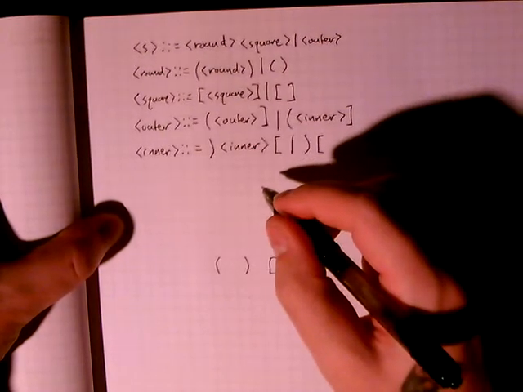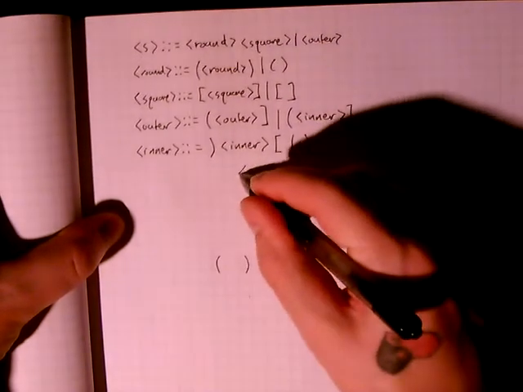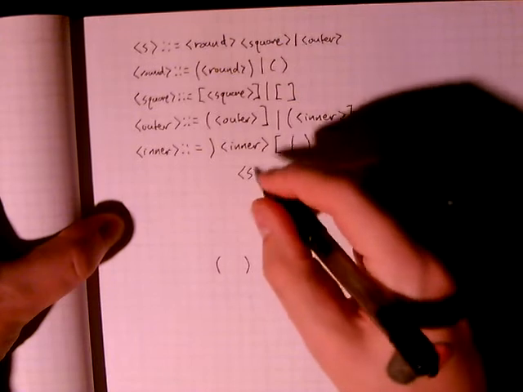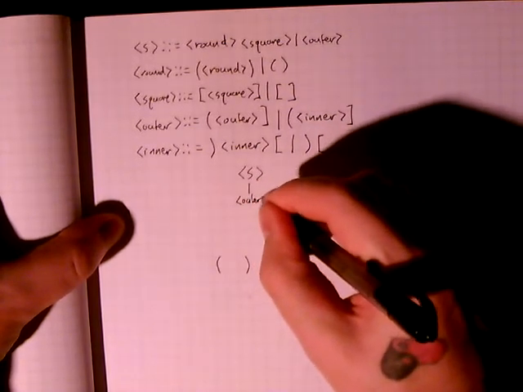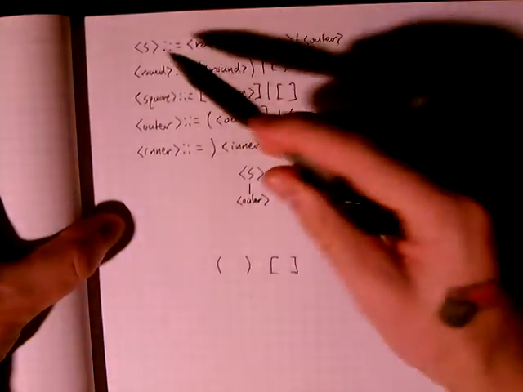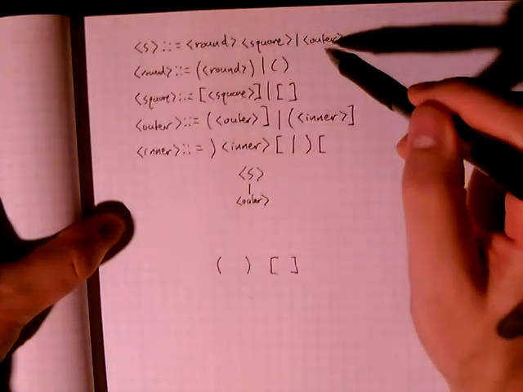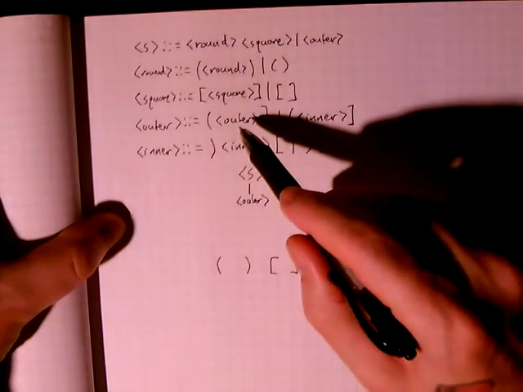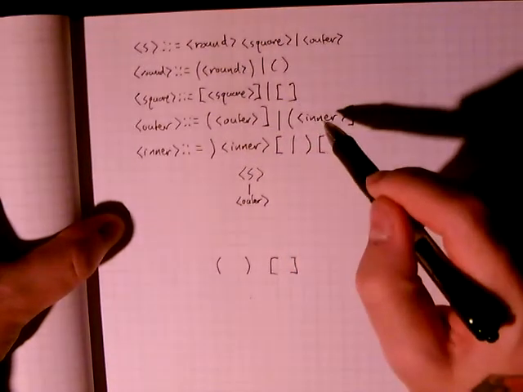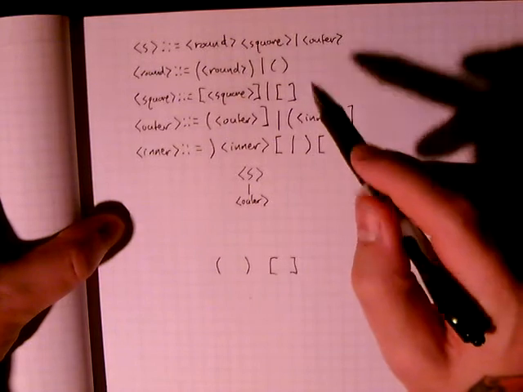Alright, so we could think about how this might go. So we start with S, and then it can go to an outer. If we start at S, and then we see outer, we go to outer, and then it would have an outer or an inner. Well, let's say that it has an inner.